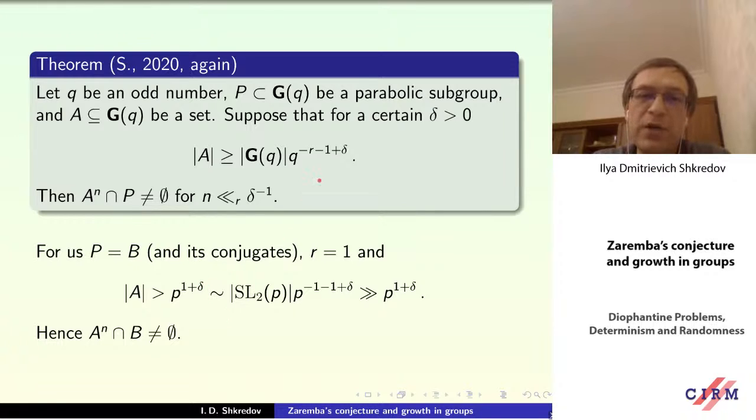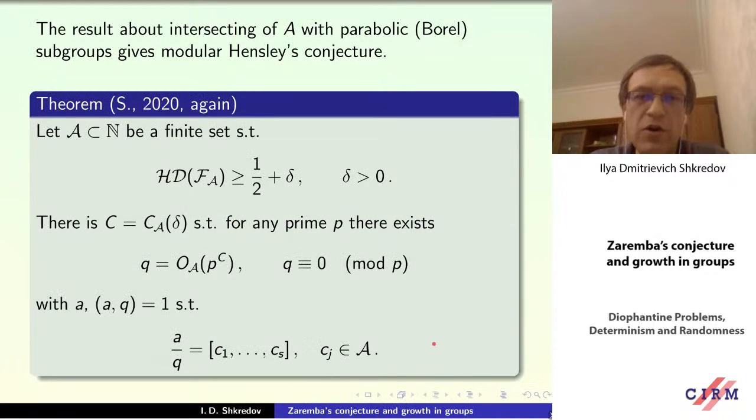So you see that because of this, our assumption that A is greater than P^(1+delta) just coincides with this restriction, and I find a non-empty intersection of A to the N and any Borel subgroup B. So once again, using this technique, we obtain the following modular Hensley result.